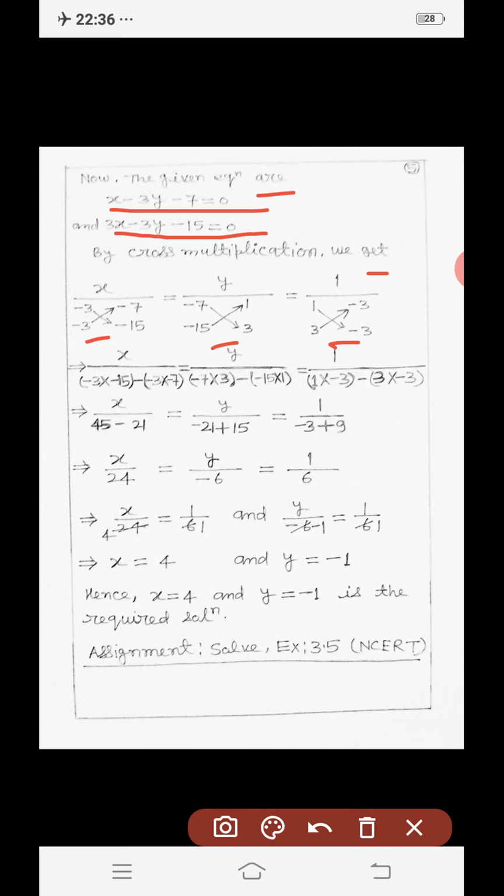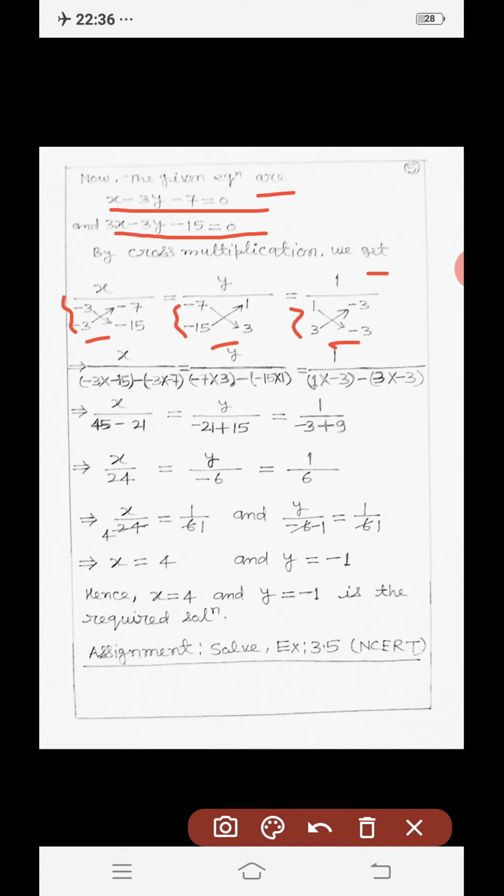Dear students, we know that the arrows between two numbers indicate that they are to be multiplied and the second product is to be subtracted from the first.